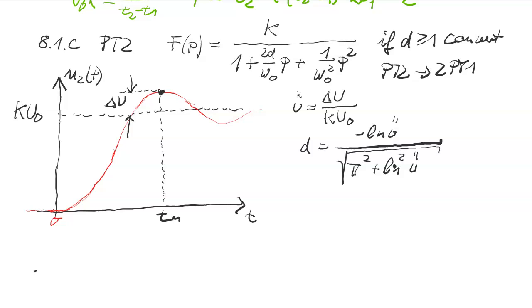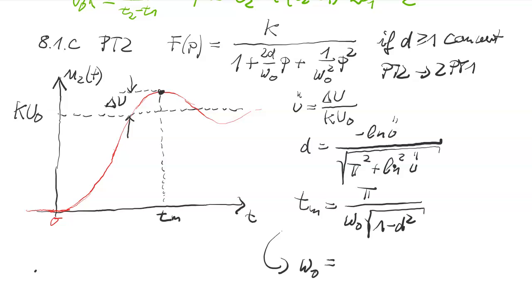Same with Tm, there is an equation: Tm is pi divided by omega naught times the square root of 1 minus D squared. So it is easy to solve this for the unknown omega naught.